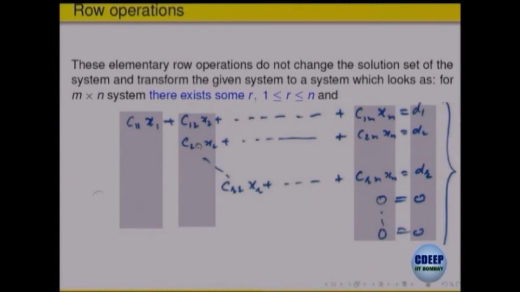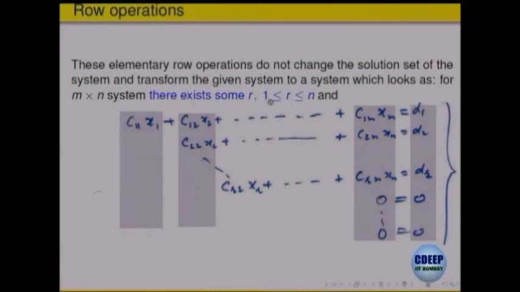So, using those elementary row operations, the given system can be transformed to a system of the following type. We write this as there is a number r, with r less than or equal to n, the number of variables.